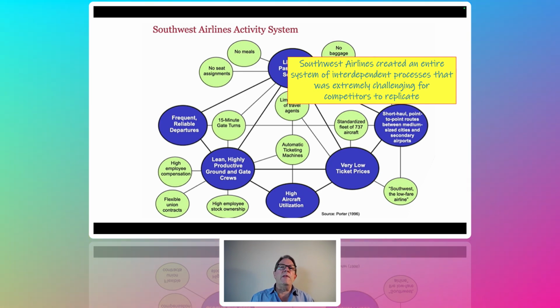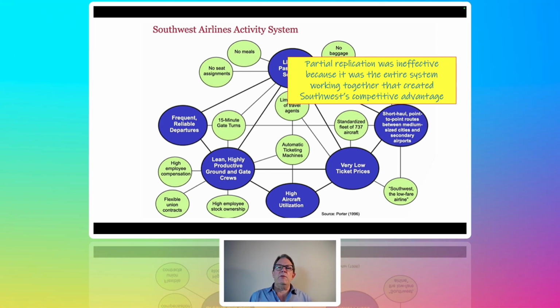It was so different. So this is a case where, if you want to think of it in the Porter sense, the company had multiple, not only primary activities and support activities, but differences all over the place. The whole business model was different, almost impossible to replicate. And what we saw is several of the large airlines attempted to do partial replication, which ended up being a disaster because they didn't get to the scale that Southwest Airlines had.